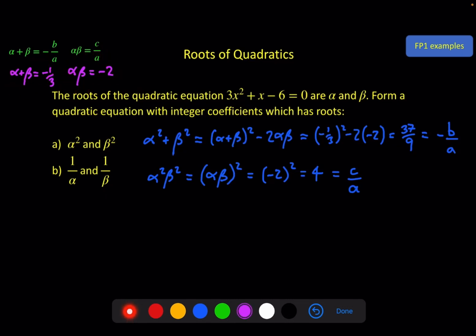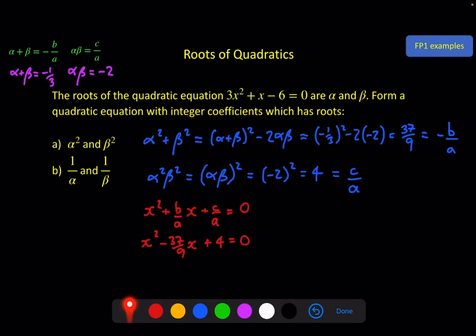So our new equation, we can now write it x squared plus b over a x plus c over a, must be x squared minus 37 over 9 x plus 4. And here we need to go back to integer coefficients.